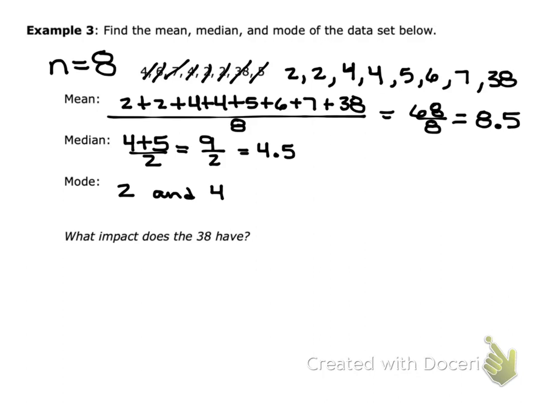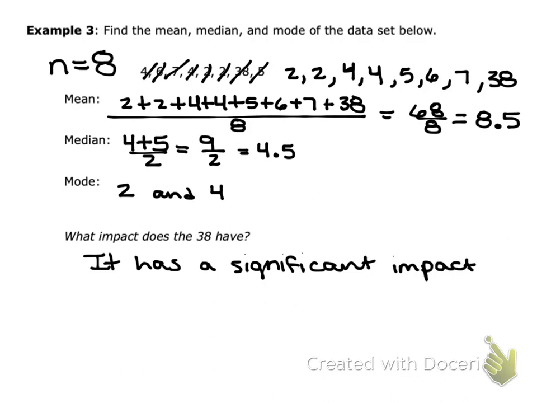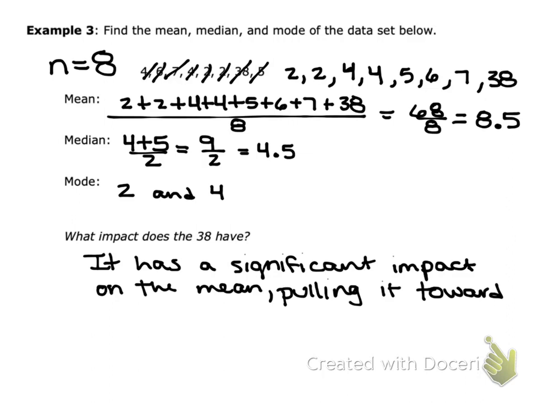No. Okay, so we just want to make note that it has a significant impact on the mean, pulling it toward the outlier or extreme, because in this case, our mean is actually bigger than every other number except 38.